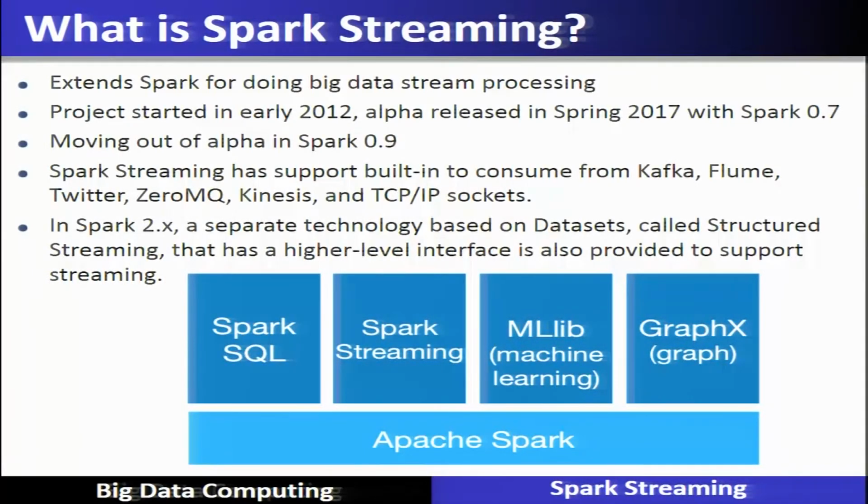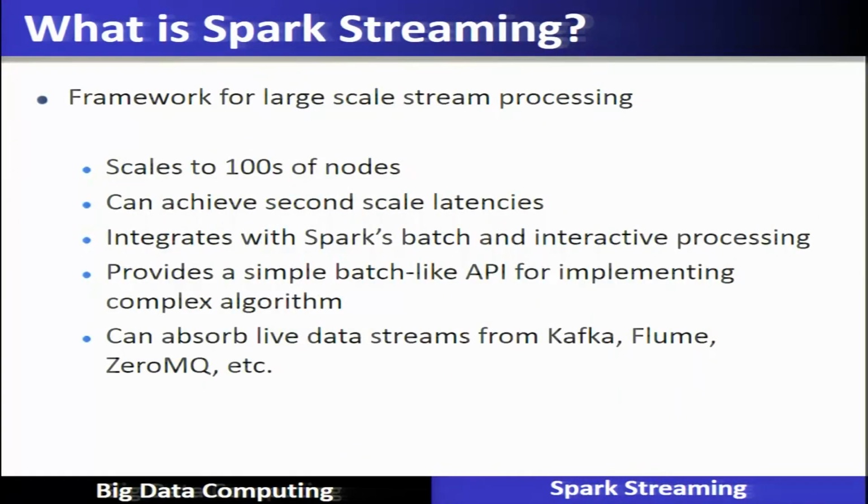Similarly, Flume, Twitter, 0MQ, Kinesis, and TCP/IP sockets are some of the inbuilt receivers. Through APIs, they can be plugged into the Spark streaming system to get the stream data for computations. In Spark 2.x, a separate technology based on datasets, called structured streaming, has been designed, which has a higher-level interface to support streaming.